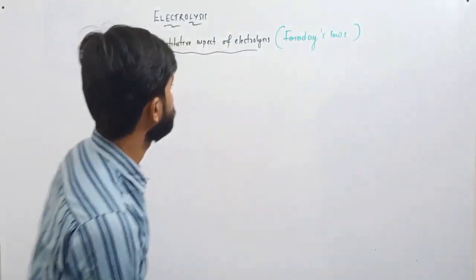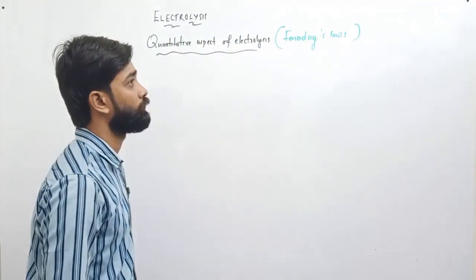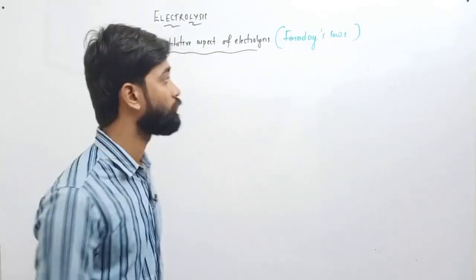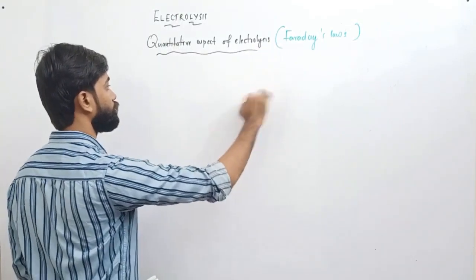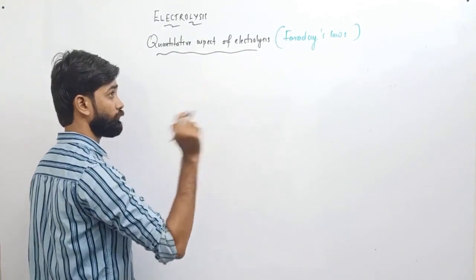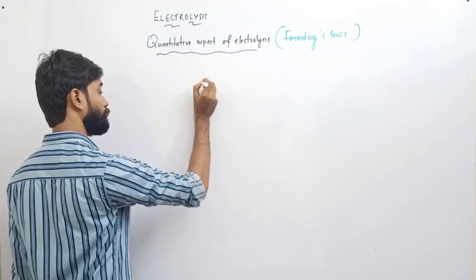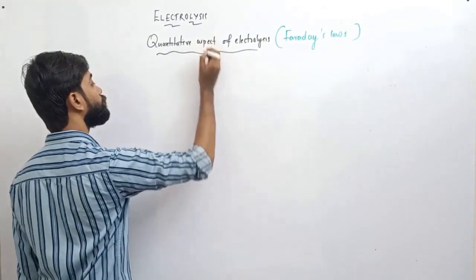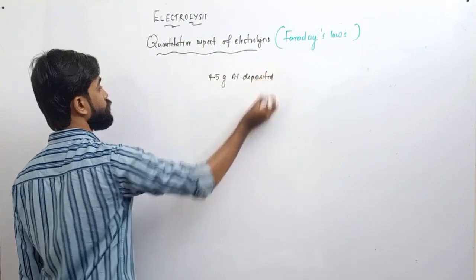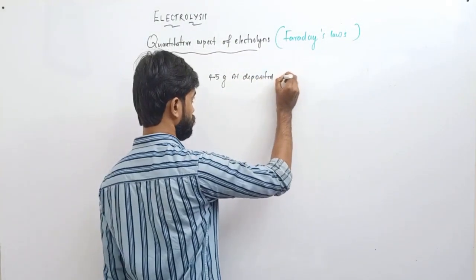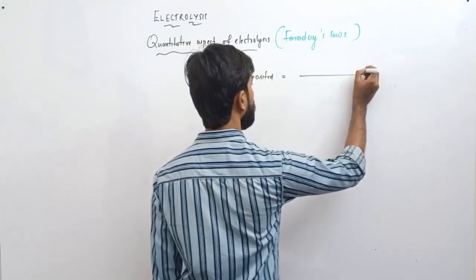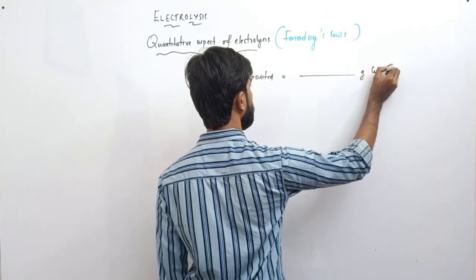Listen here. 45 gram aluminum deposited, equal to how many gram copper deposited?